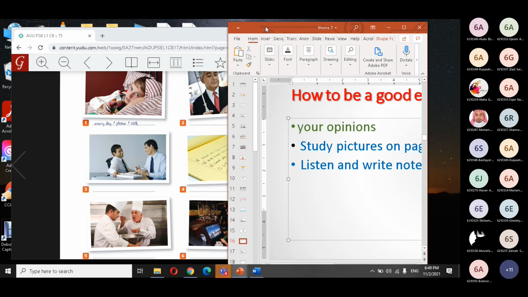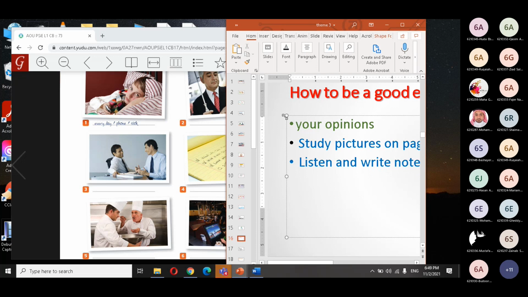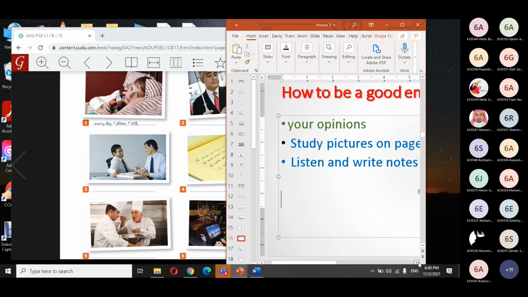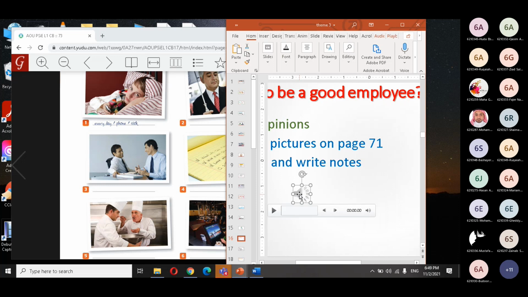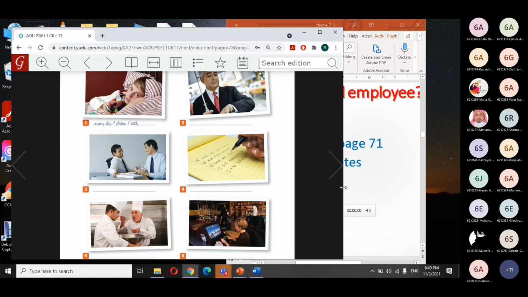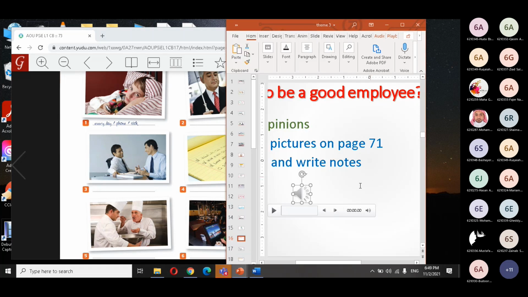This businessman is giving advice for people who have got a job for the first time. Try to find out what he said about each picture. So listen and we will comment again on the pictures, especially the first one, which we didn't discuss.